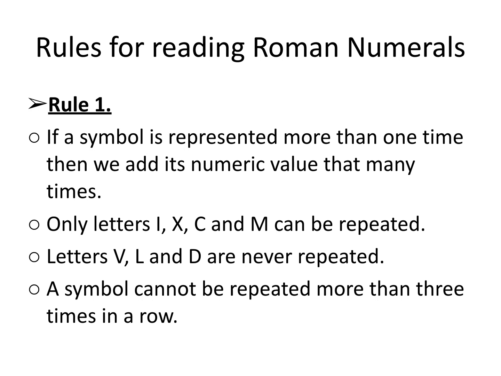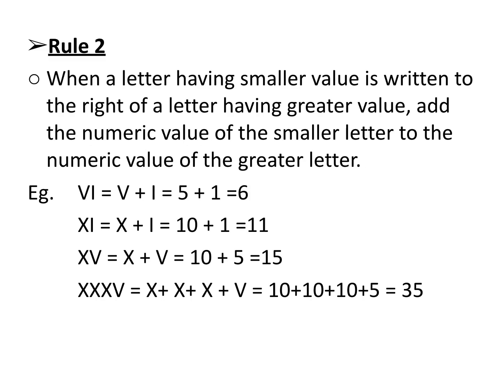Okay. See here, next rule. What is the next rule? When a letter having smaller value is written to the right of a letter having greater value. See the example here: V, I. We know the value of V is 5 and I is 1.